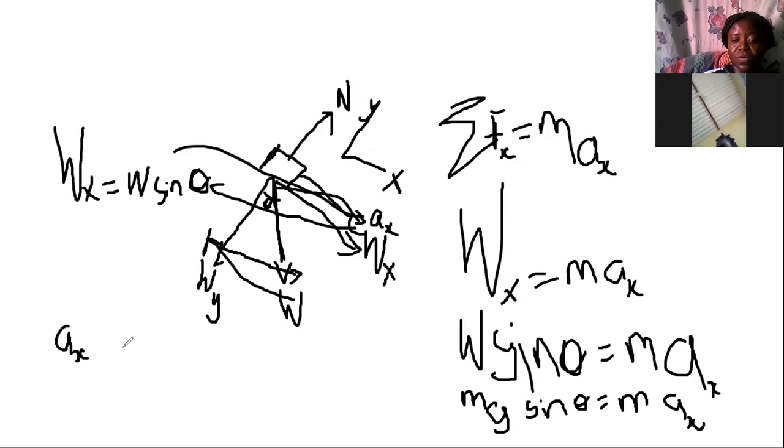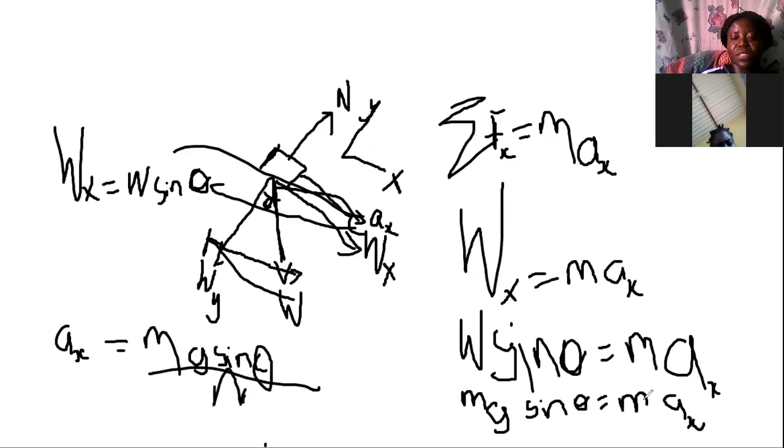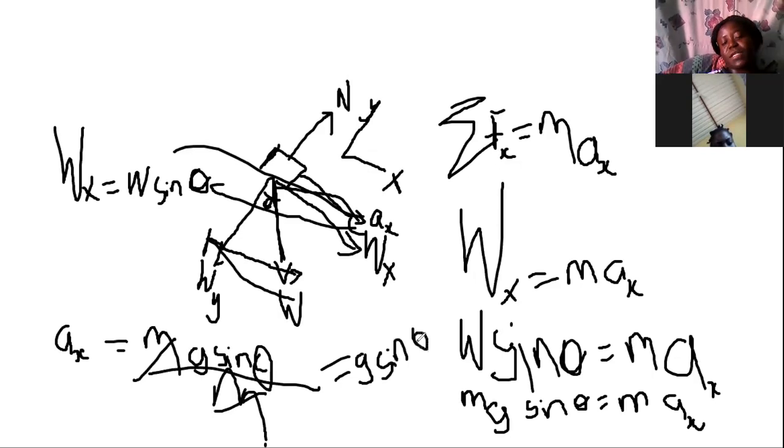So the acceleration is equal to mg times the sine of the angle, divided by the mass. We divide on both sides by mass. So this mass cancels out, and you're only left with g sine theta. If we know the value of g and the angle, we can calculate the acceleration.